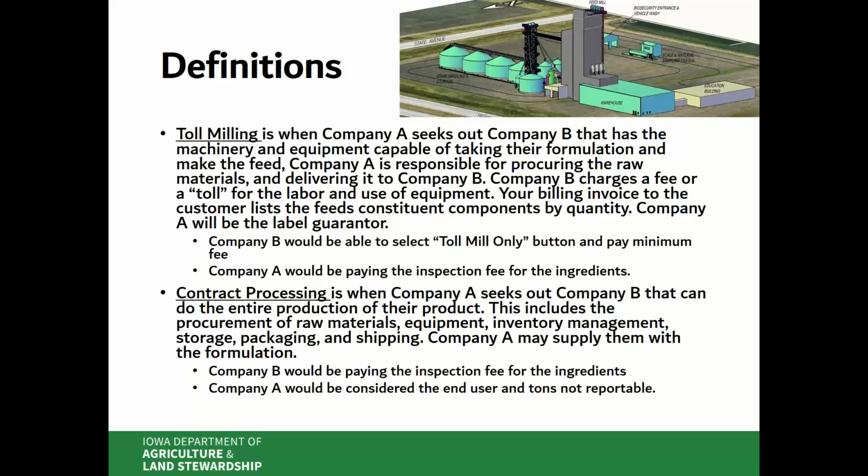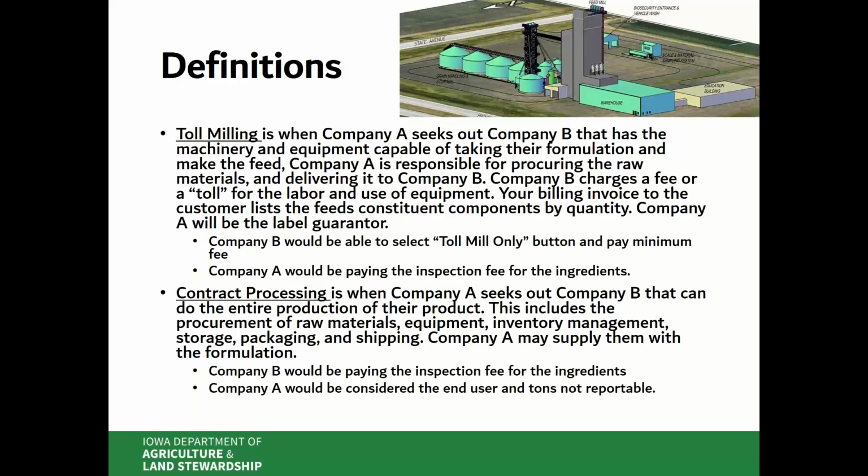Your billing invoice for the customer lists the feed constituent components by quantity, and company A will be the label guarantor. So in this case, company B would select the toll mill only button on our tonnage report, and then company A would be paying the inspection fees for the ingredients, if any are qualified.